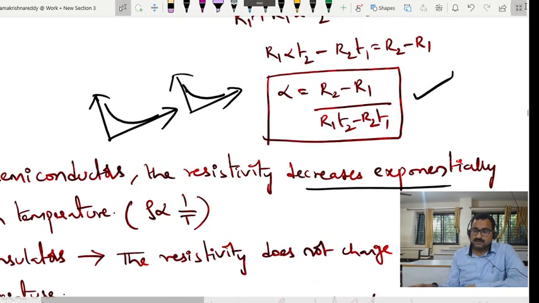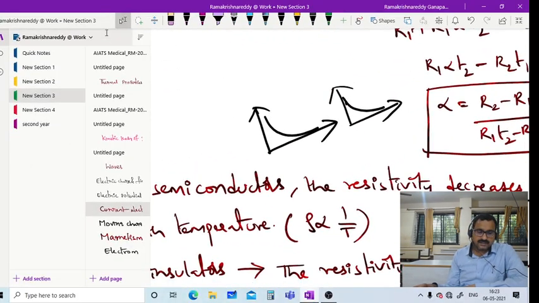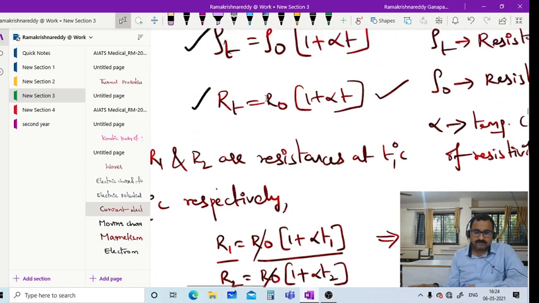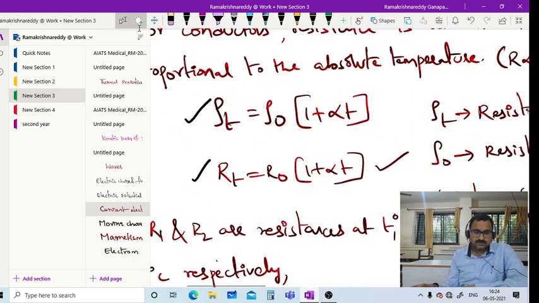This is the part in the syllabus. Already I told you the color code of carbon resistor is not there for the CET part. You have to remember that also. Only for NEET it is there, and for this one it is not there.